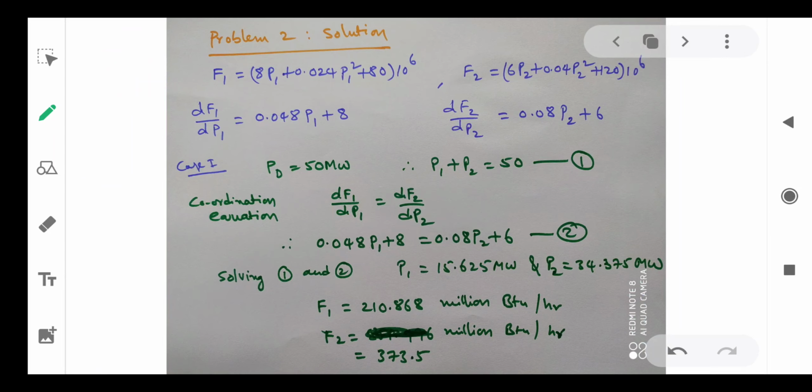dF1/dP1 equal to, the derivative of this term, 0.048 P1 plus 8, dF2/dP2 equal to 0.08 P2 plus 6. So therefore IC1 and IC2 are obtained. For the case 1, PD is equal to 50 megawatts, dF1/dP1 equal to dF2/dP2 when line losses are neglected.